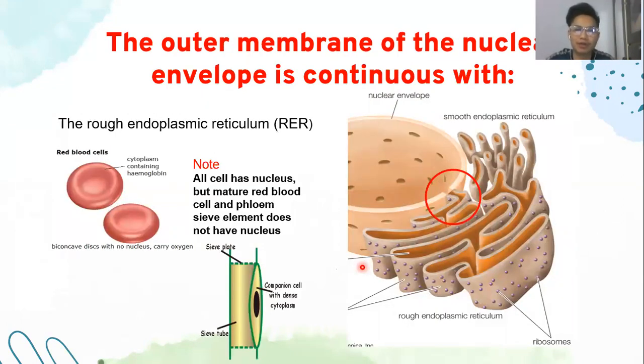The outer membrane of the nuclear envelope is continuous with the rough endoplasmic reticulum, RER. Here you can see the nuclear envelope continuing with the rough endoplasmic reticulum. All cells have a nucleus, but mature red blood cells and phloem sieve elements do not have a nucleus.